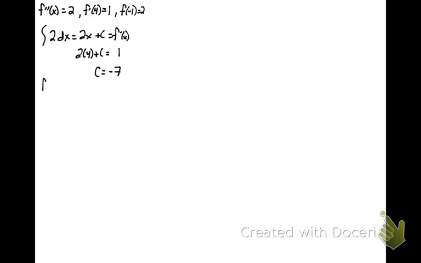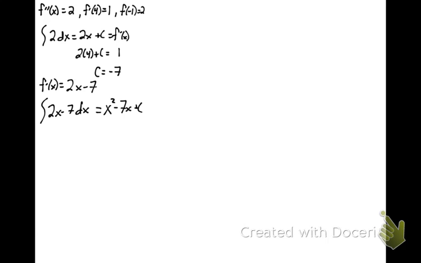This means my derivative is equal to 2x minus 7. Then what needs to be true is that when I integrate this with respect to x, I should get the original function. So in this case, that will be x squared minus 7x plus c.